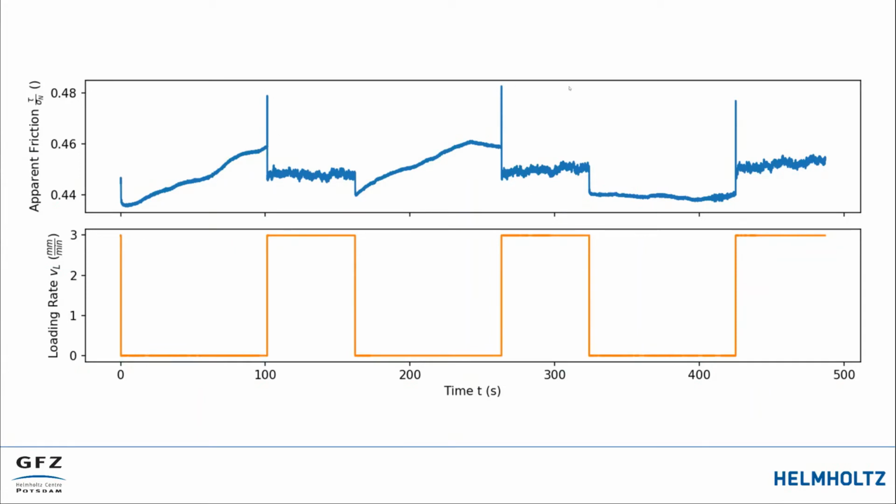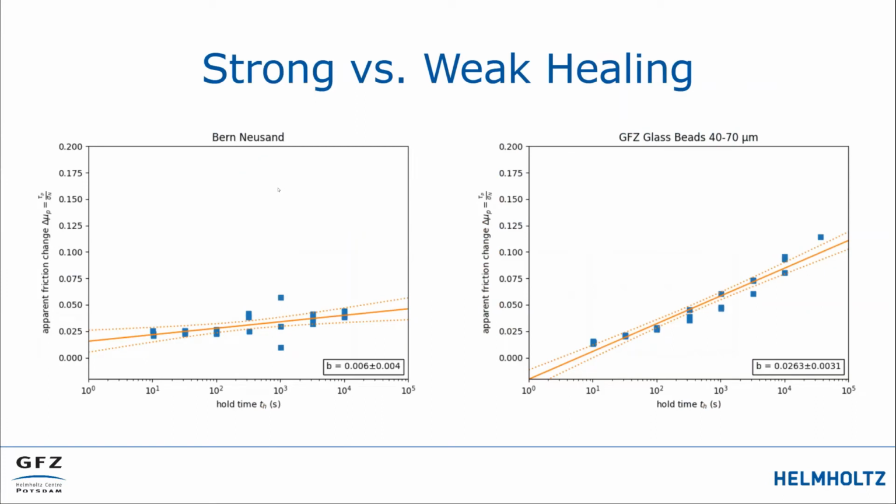And the difference in these peaks between the individual hold intervals, so this is only 100 seconds, but we can do this for all others, we get these delta. And if we plot this, we can already observe certain differences from sample to sample. So for instance, on the left, you see a material that has a very weak healing, so the slope is very low.